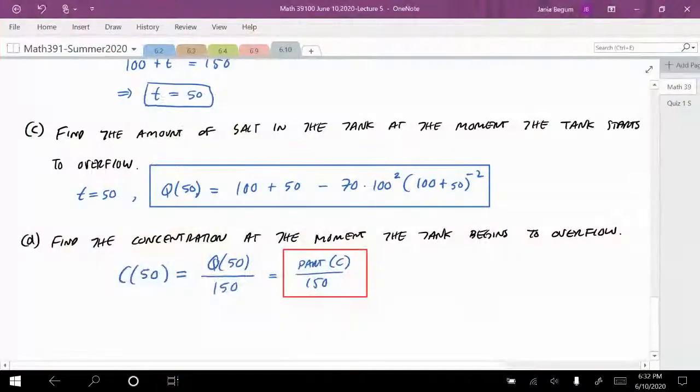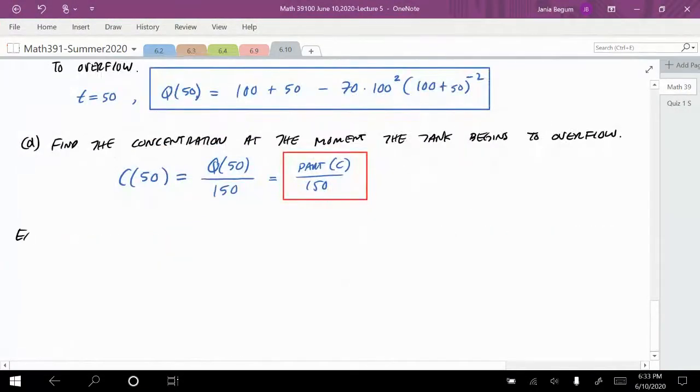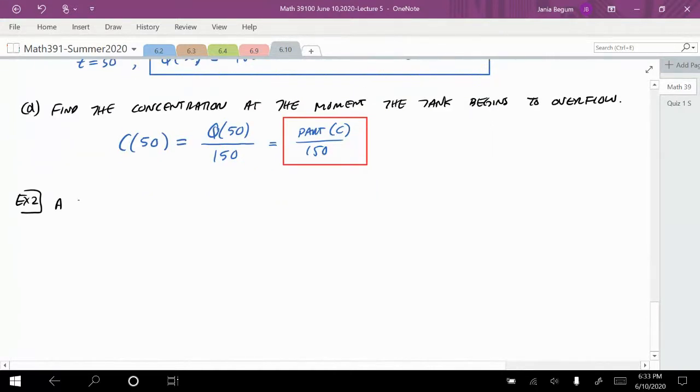So let's set up the second example for tank problem. So here's example 2. A tank initially contains 120 liters of pure water. Okay.